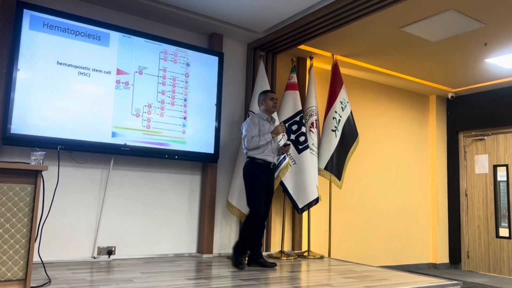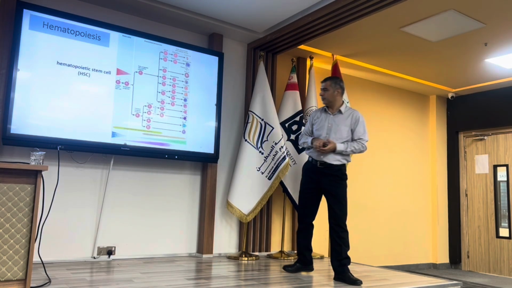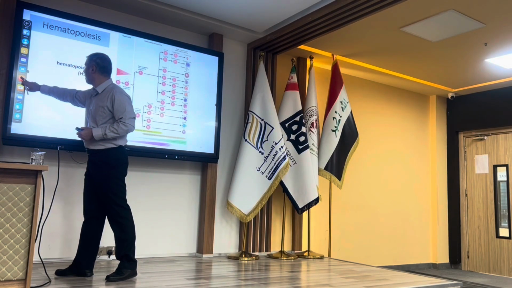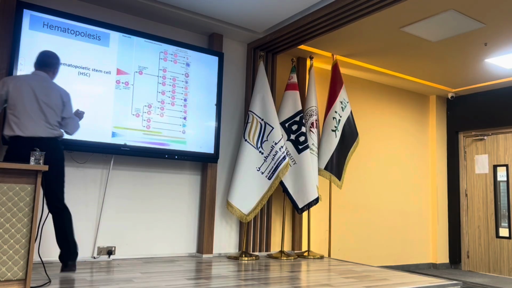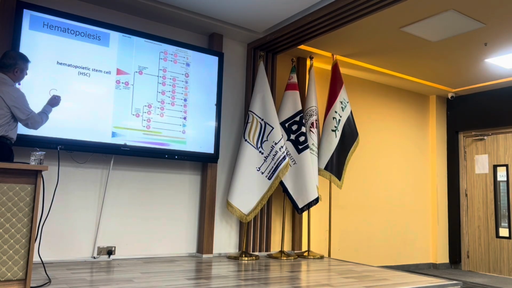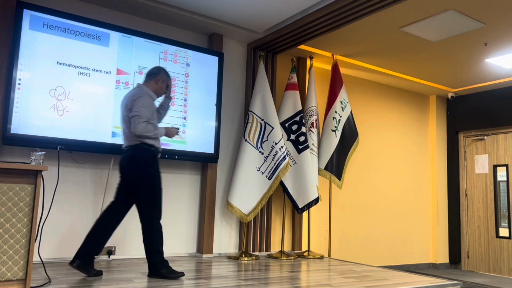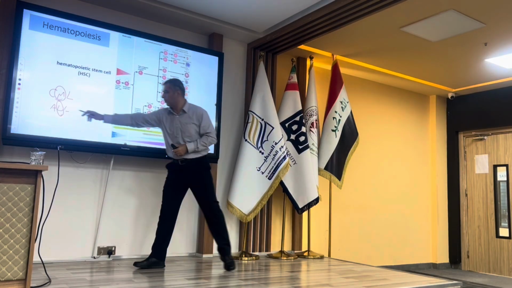That's why, for example, you know the cancers CML or ALL. They are types of blood cancer. This is a lymphocytic cancer, and this is a myelocytic cancer: chronic myelocytic leukemia or acute lymphocytic leukemia.